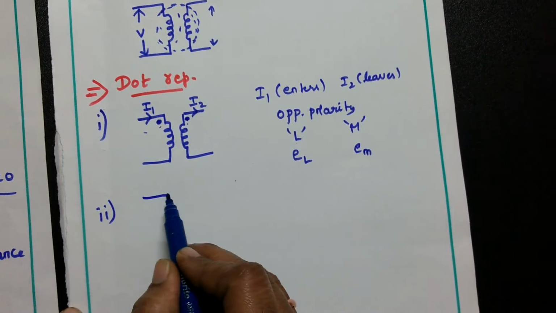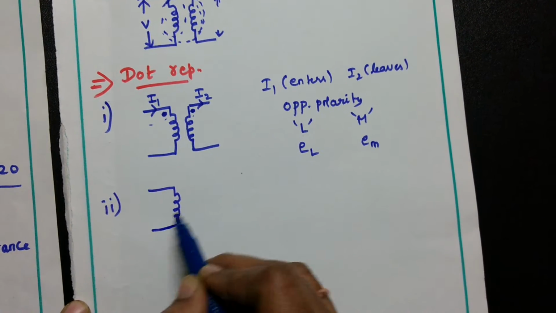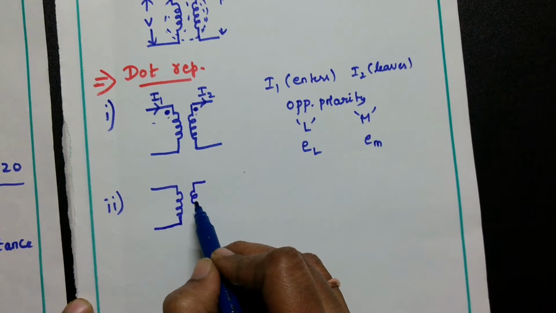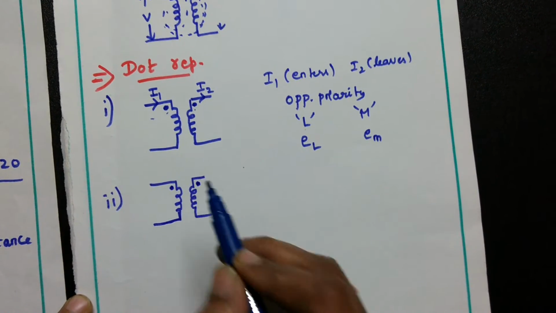Case 2. The dotted ends are represented here.